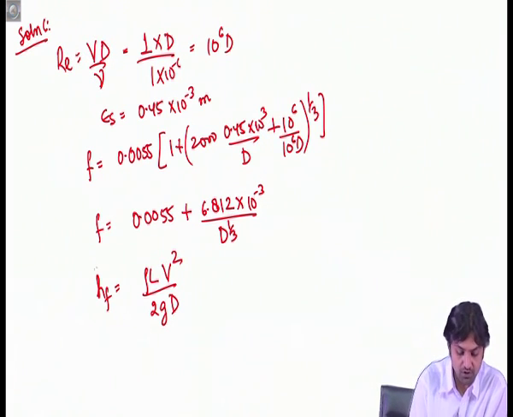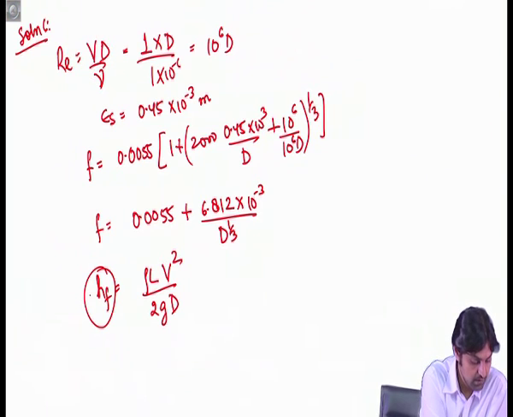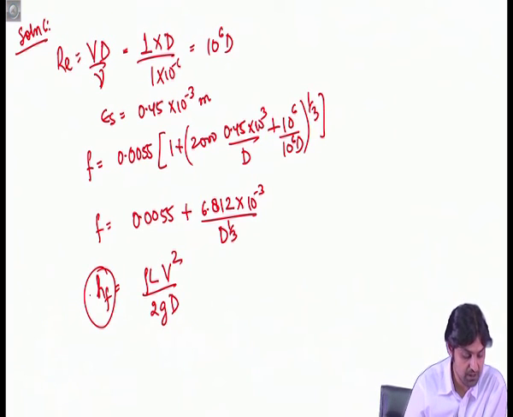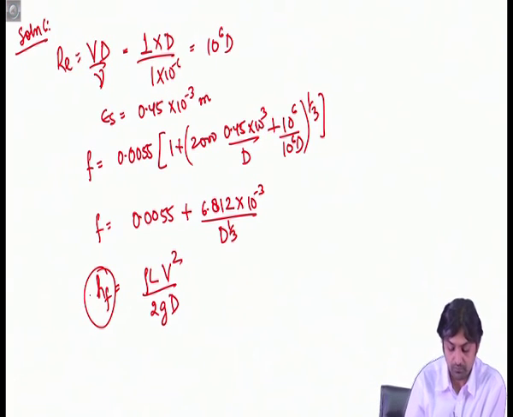So head loss has already been given. It says 10 in 100. That is what it said: the head loss is limited to 10 centimeter per 100 meters of length, right? So head loss has been given.